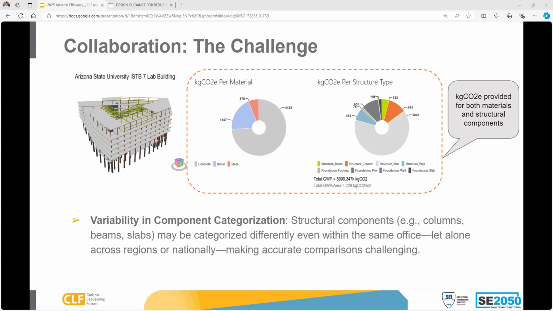Your columns, your beams, and your slabs may be categorized in different ways, not just regionally or nationally, but even within their own office or across offices of the same company. That makes any sort of comparison really challenging, and in our current state of practice almost not super useful, or at least fraught with errors. So one thing we need to do is follow our boy Carl's lead here.